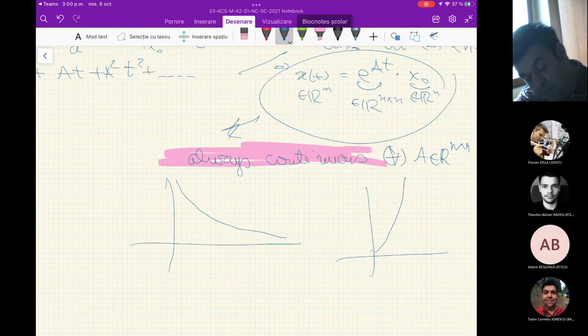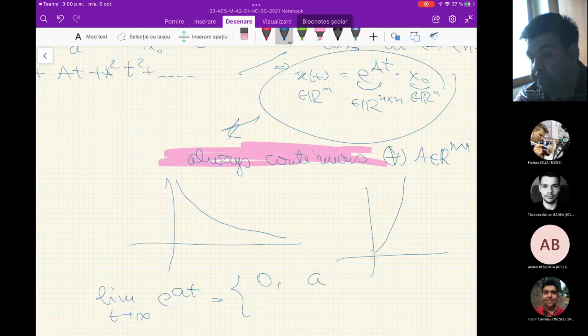Because we know that the limit when t goes to infinity of e to the power at equals 0 for... How is a supposed to be if we want this to be 0?